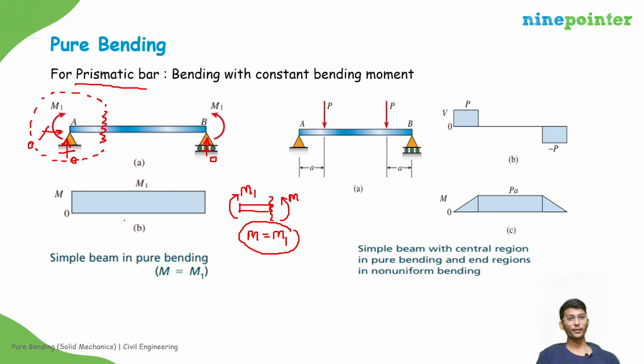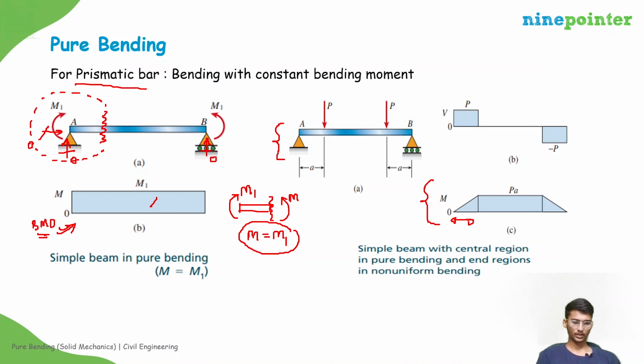So if you draw the bending moment diagram, it will look like this, right? So this is the case of pure bending. It has constant bending moment on its entire length. Now let us take another example of a simple beam. For this simple beam, the load is applied like this. If you draw the bending moment diagram by considering the method of sections, it will look like this, right?